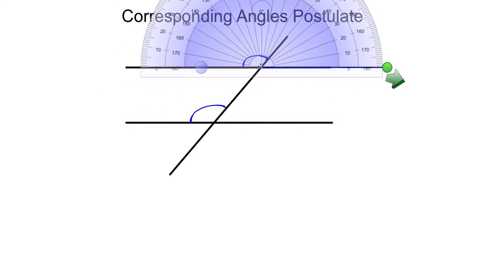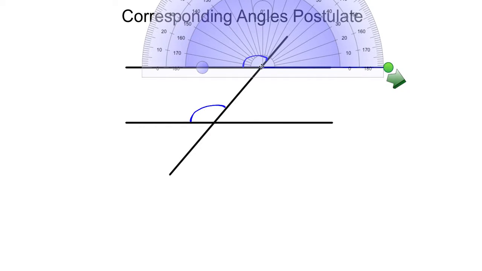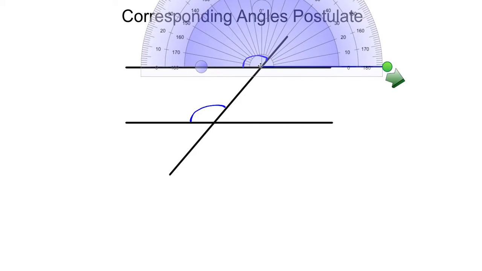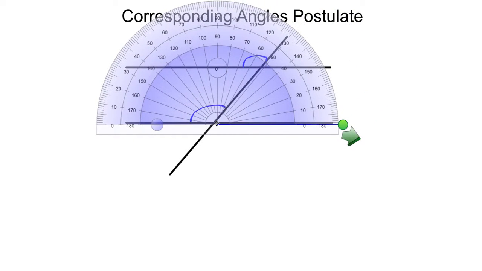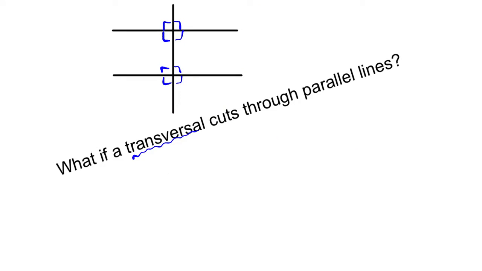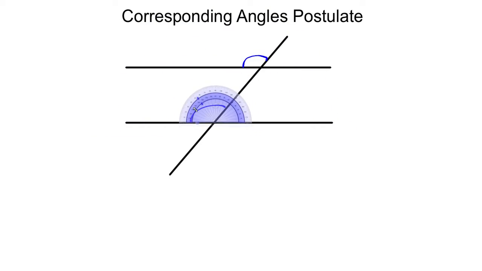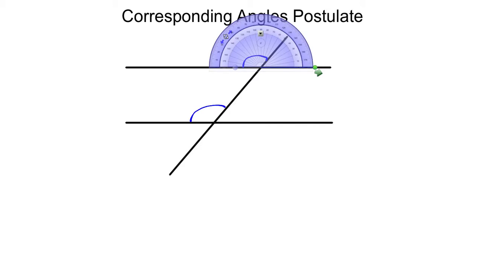Well, if we measure up here, look, it goes to that same 130 degree line. These are the same. So now we can definitely see. Look at that. It's the same measurement as the smaller angle.